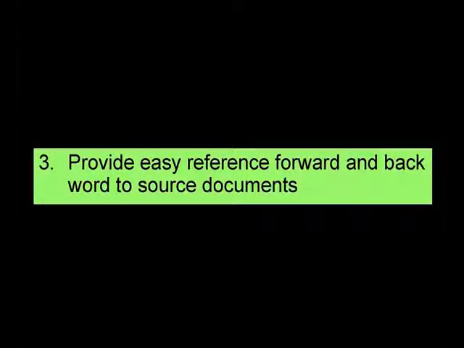So if you want to check the ledger account where the journal amount is recorded, you can check the relevant ledger account as well, because in the journal we record the page number of the ledger account as well. So that is called easy reference forward and backward to source documents.